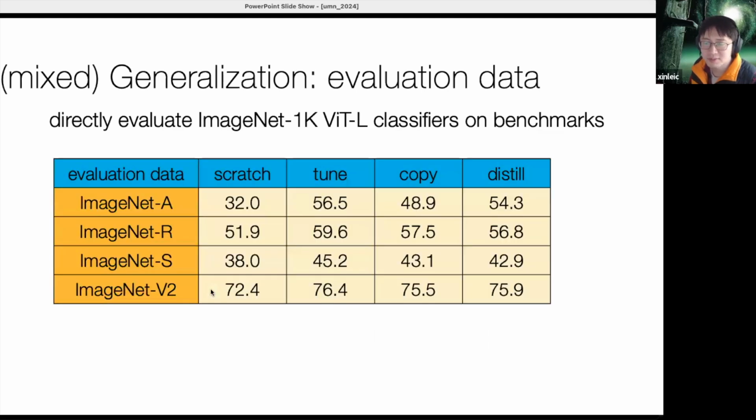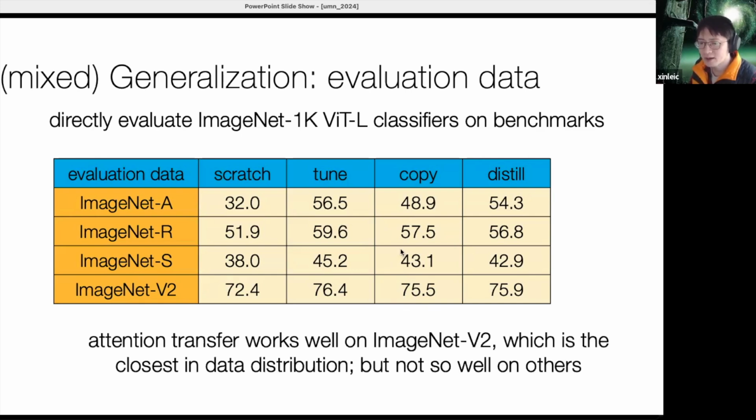We also see mixed signal with the generalization on evaluation data. Here we pre-train on ImageNet, and then we only change the evaluation data. These are all variants of ImageNet. We find that compared to fine-tuning, attention copy and attention distillation are worse, especially attention copy.